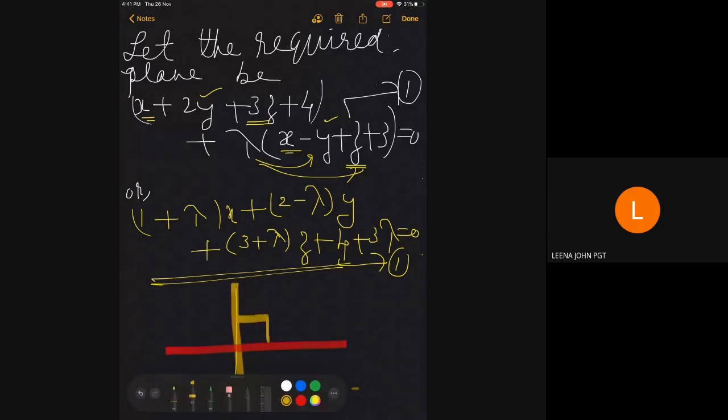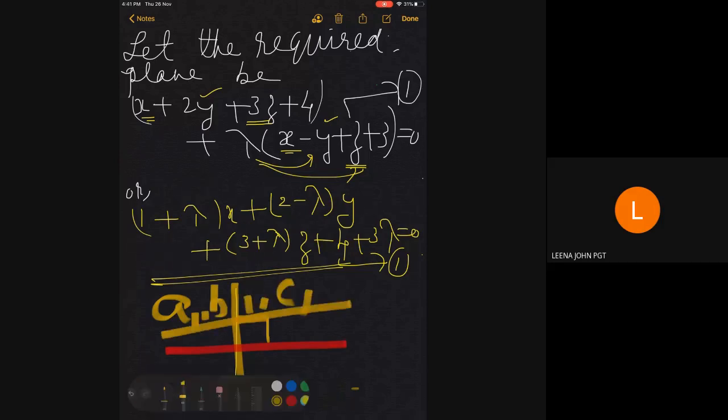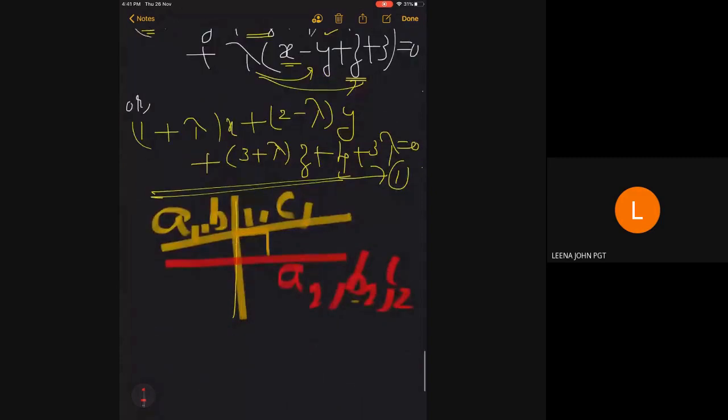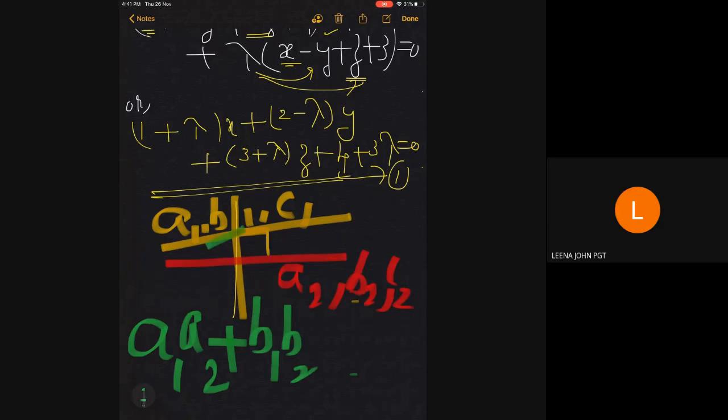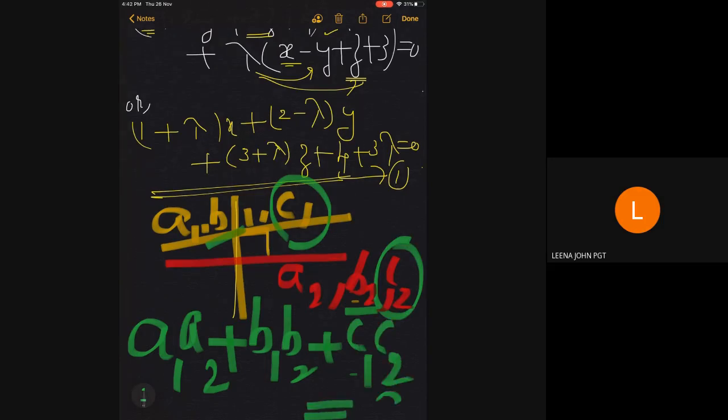For that you consider the direction ratio A1, B1, C1 of the first line and direction ratio A2, B2, C2 of the second line, and if the two lines are perpendicular, then we have the formula that A1 into A2 plus B1 into B2 plus C1 into C2 is equal to 0. So this condition only we will apply wherever the perpendicularity condition comes.